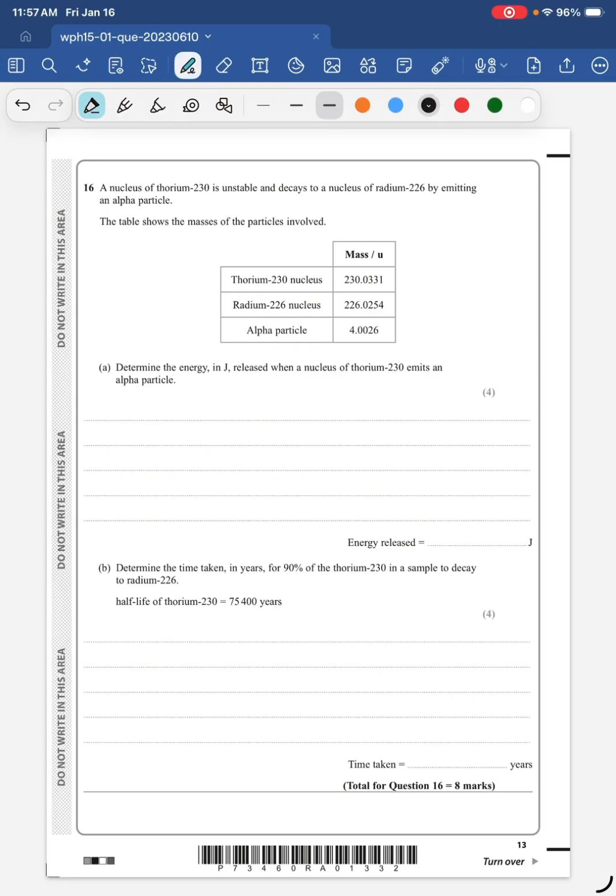So what's going on is that we have thorium-230 going into radium-226 plus an alpha particle. What's the change in mass?